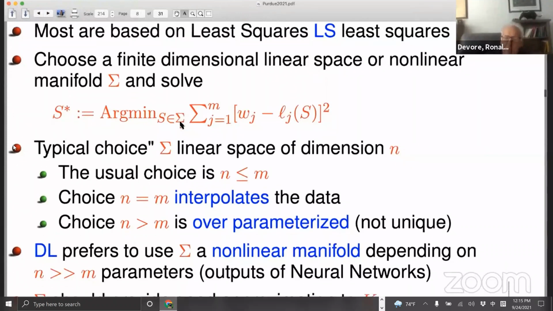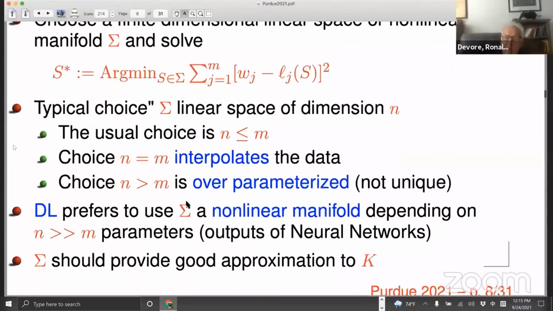So the typical setting in deep learning is to take a nonlinear manifold with a number of parameters much larger than the number of data points. So here now you're going to have non-uniqueness. You're going to have many functions that are going to give you error 0 here. So which of those functions are you going to pick?